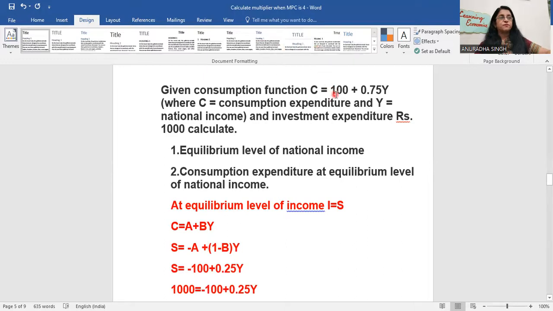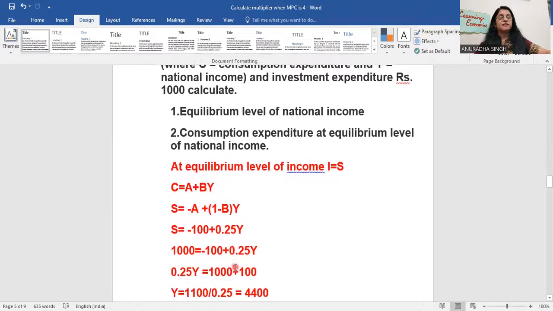The autonomous consumption will remain the same. 1 minus B we have done, that is why it has come to 0.25. I hope that you have understood it.